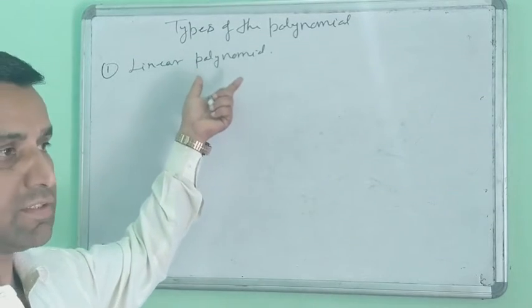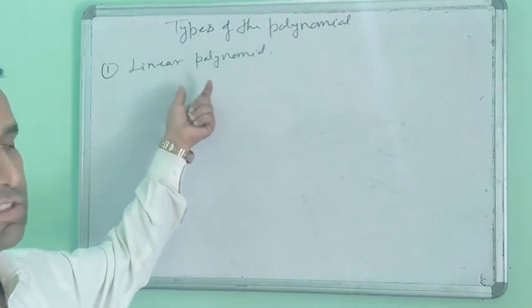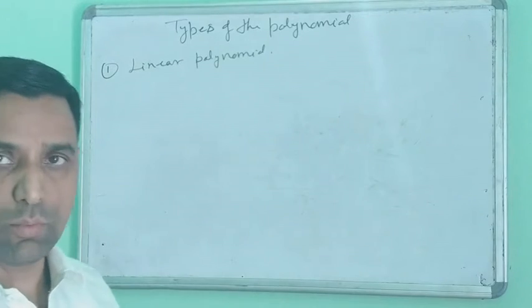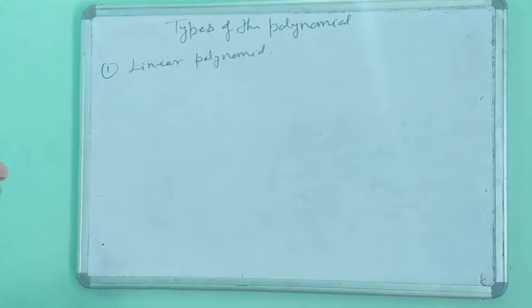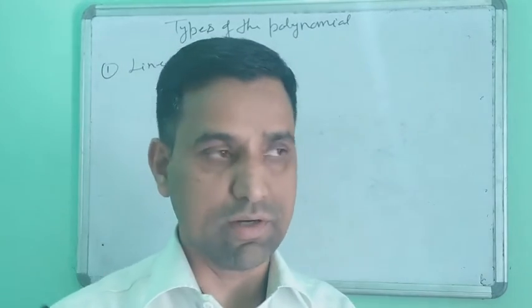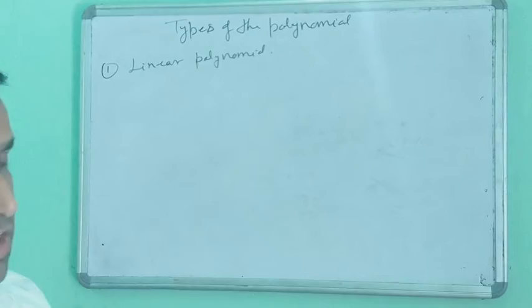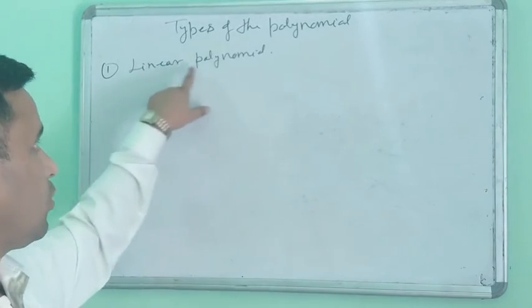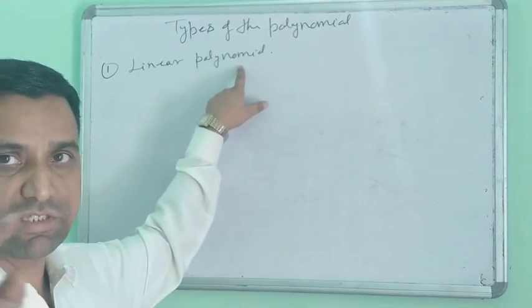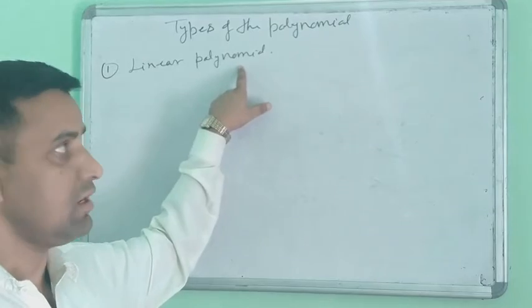Suppose you put an equal sign in the polynomial, this is called an equation. When you remove the equal sign, this is called a polynomial. A linear polynomial means a polynomial whose highest power is 1, one exponent.